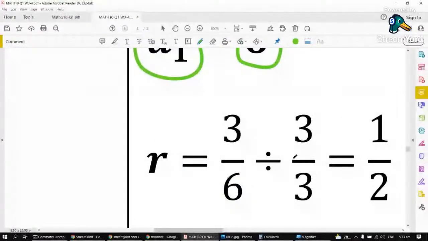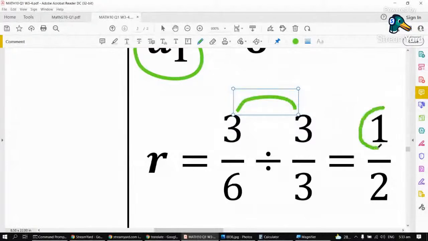Gagawin natin, ilo-lowest term natin. I-divide natin yan ng greatest common factor. Ano yung number na pwedeng mag-divide sa 3 at sa 6? That number is 3. 3 divided by 3 is 1. And 6 divided by 3 is 2.